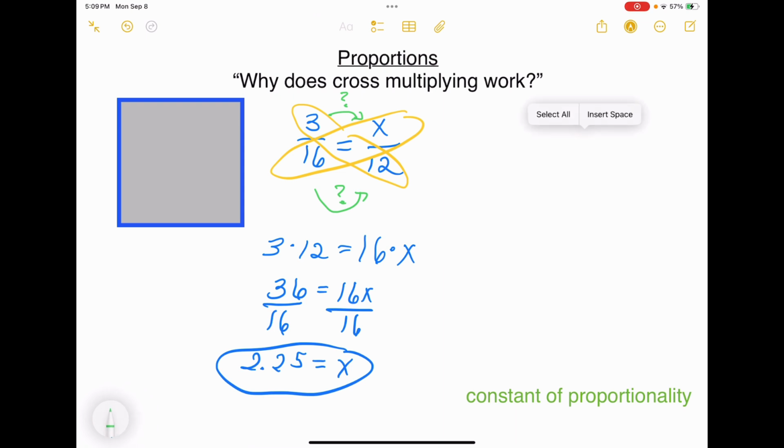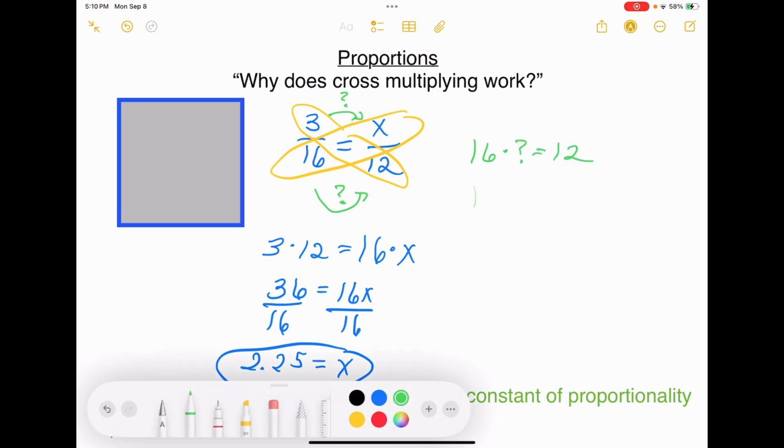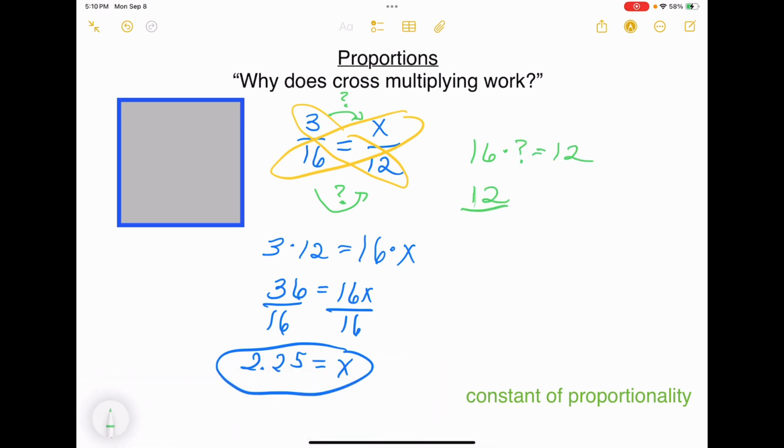If you want to find the constant of proportionality, that's another option. We could say, well, 16 times something gives me 12. So I could go backwards and do division. 12 divided by 16 would give me the number, and it's 0.75.